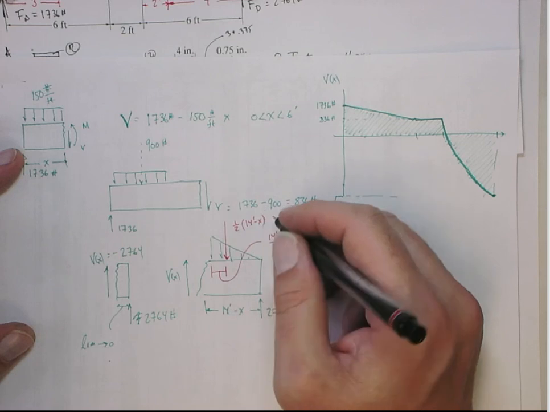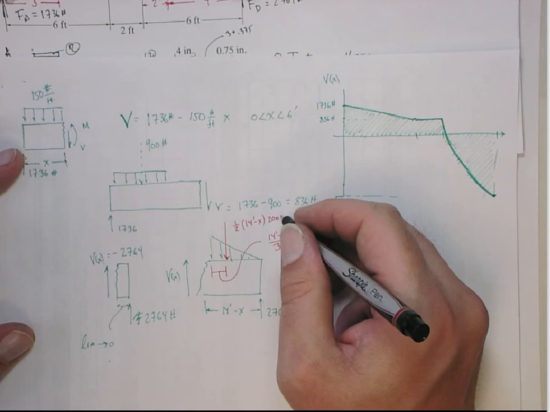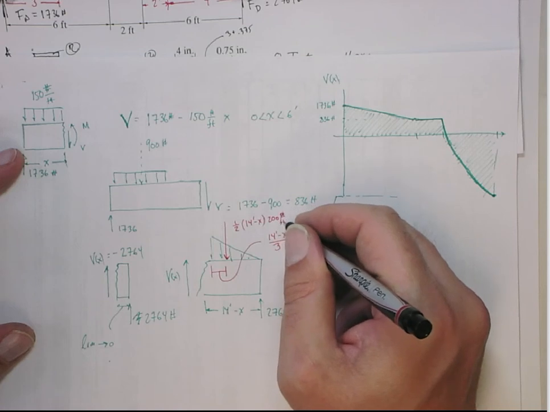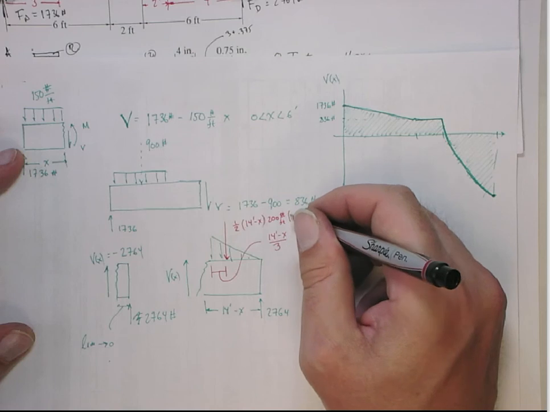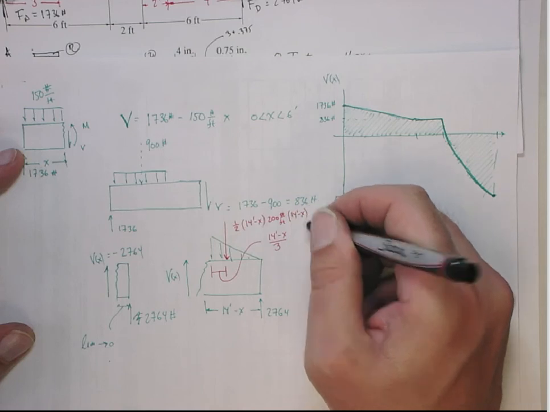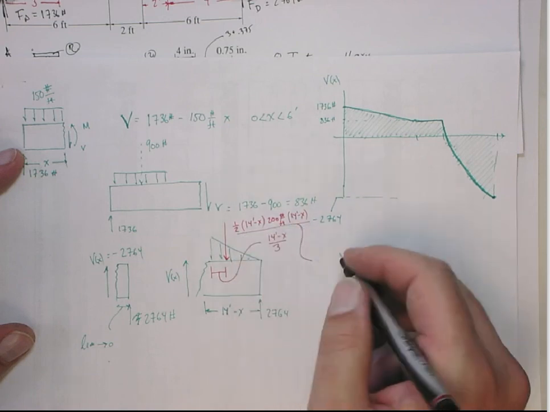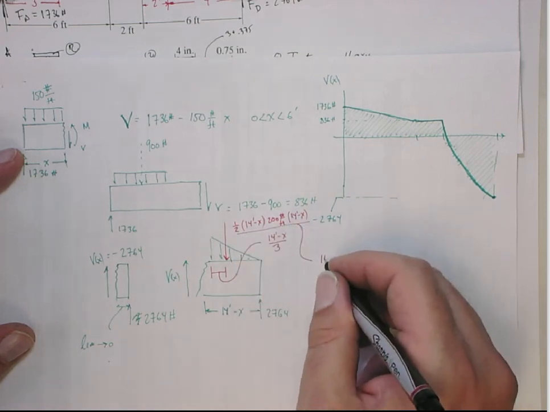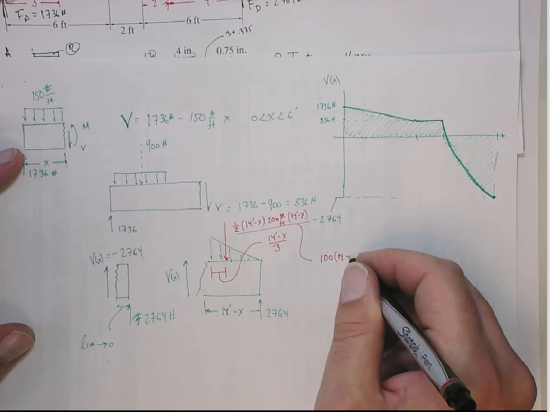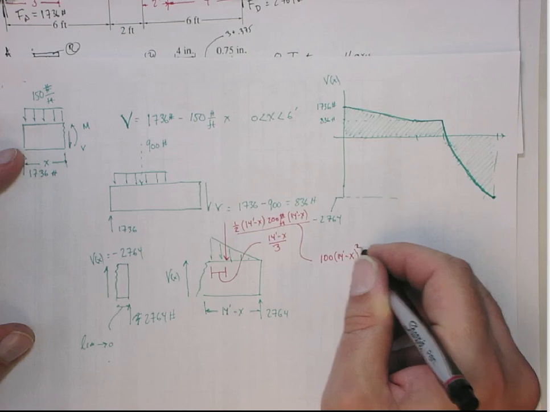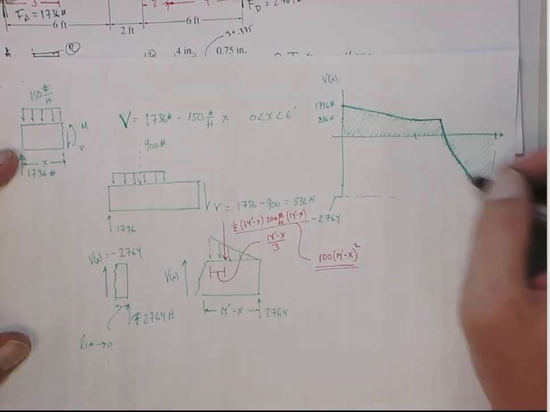And the height of this is going to be the slope, 200 pounds per foot, but that evolves over the 14 feet minus x. So this force here actually will have a value of 100 times (14 minus x) squared. This is feet squared. Okay? So that's that quadratic. All right? That's the quadratic. Okay?